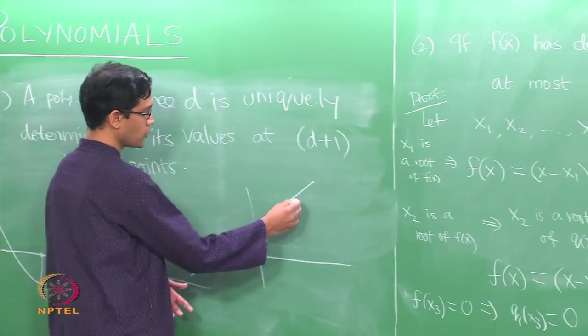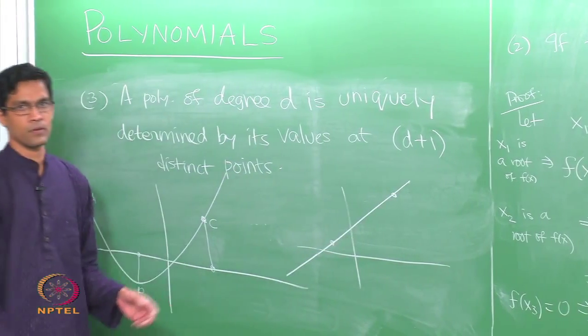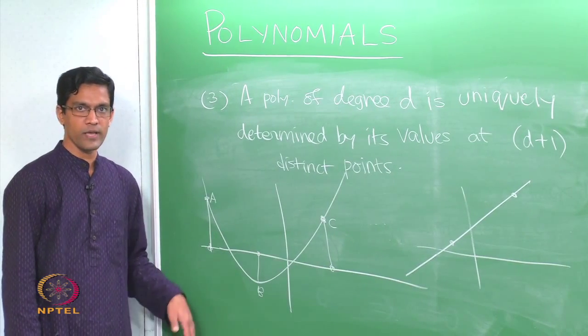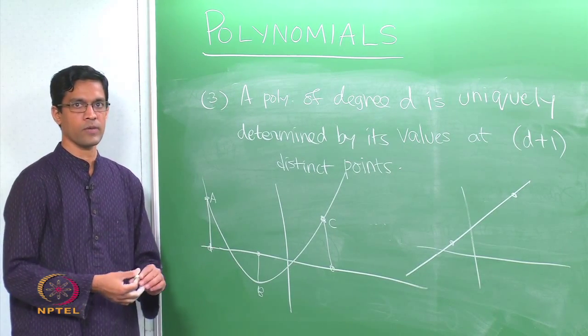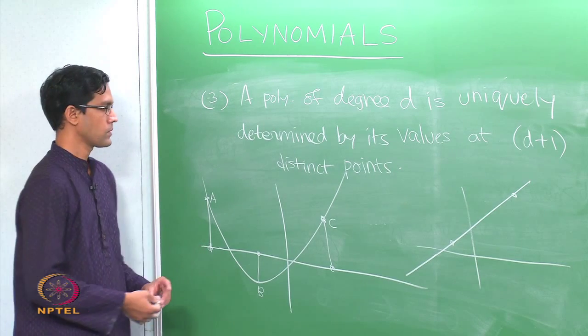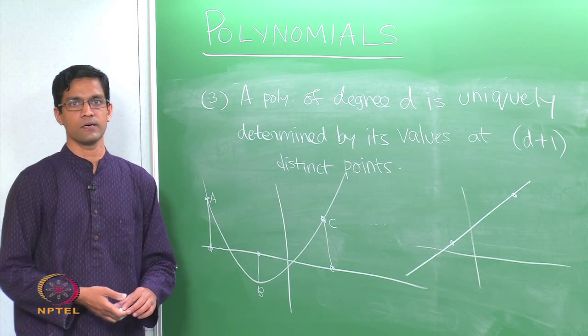So that is like saying there is a unique straight line which passes through any 2 given points, okay. For a parabola you need 3 points that will determine the parabola. If you have a cubic curve, a curve of a degree 3 polynomial, if you give its values at 4 points, it uniquely tells you what that curve is, okay. So this is something that we will start out looking at in the next module.